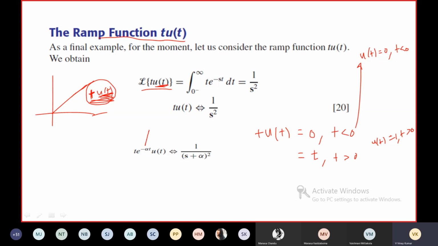So Laplace of t into e power minus alpha t u of t: in place of s, you write s plus alpha, because it is e power minus alpha t.